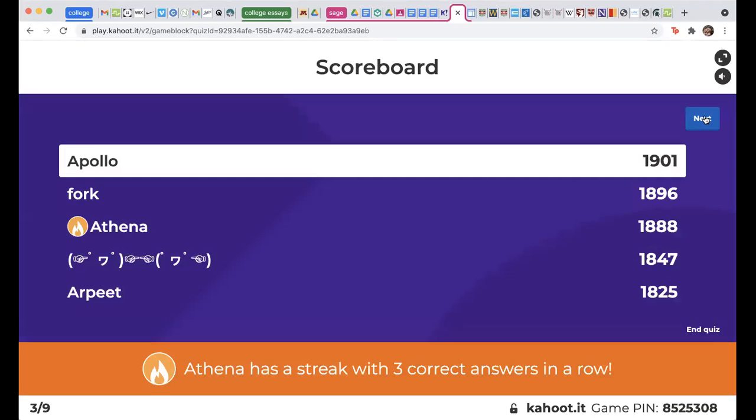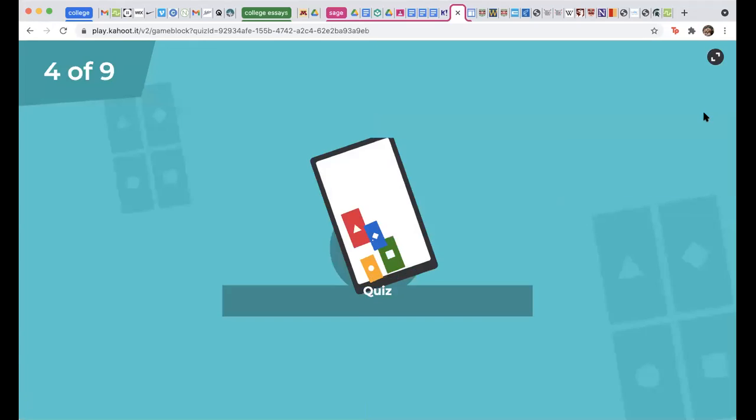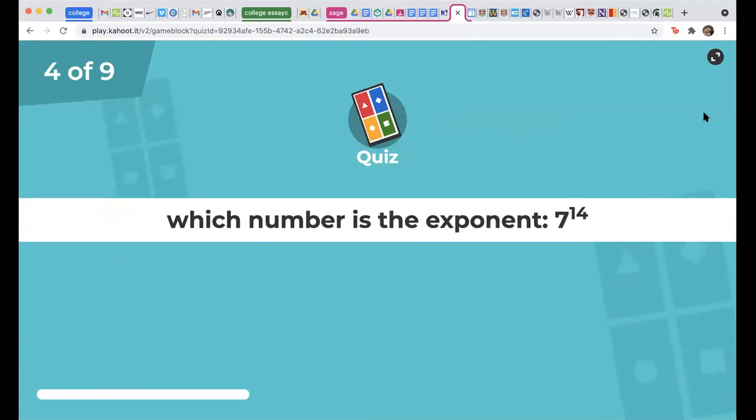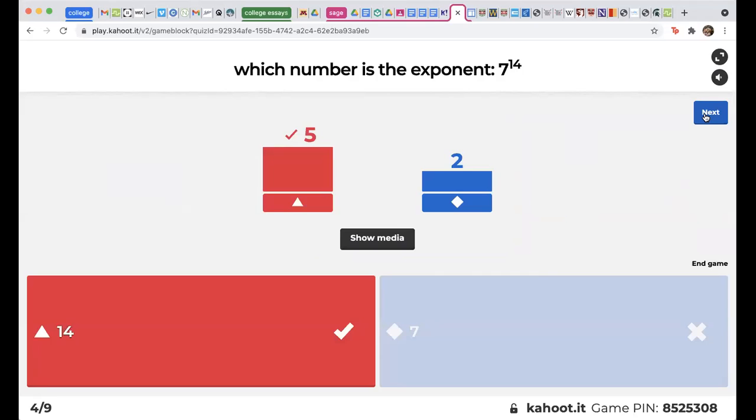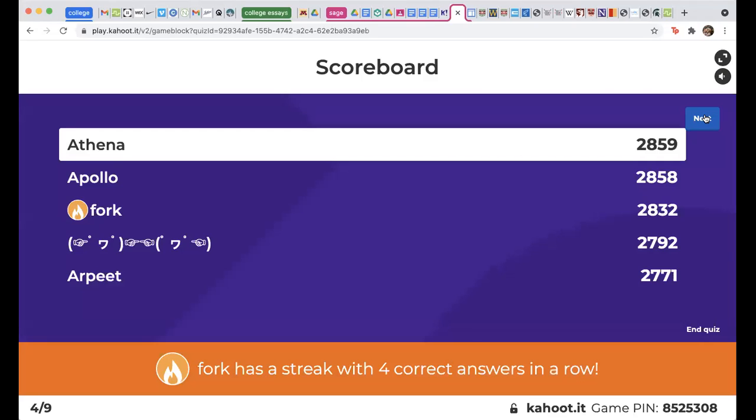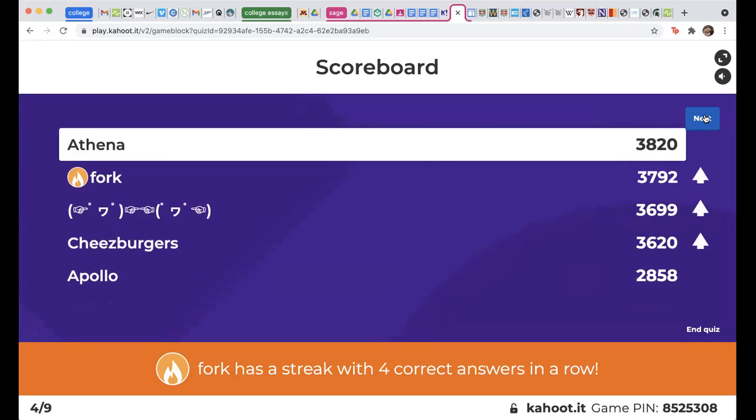Yay! Wow. Awesome. Ooh, Athena. Okay. That one's confusing. Okay. Fork has a streak with 4 correct answers in a row. I don't know who Fork is, but yeah.